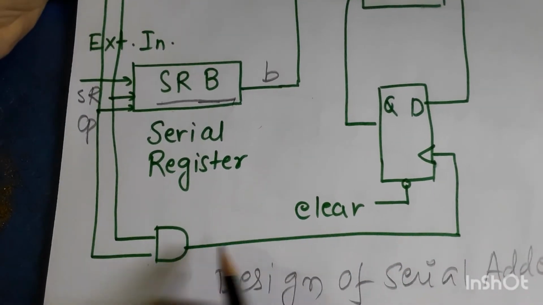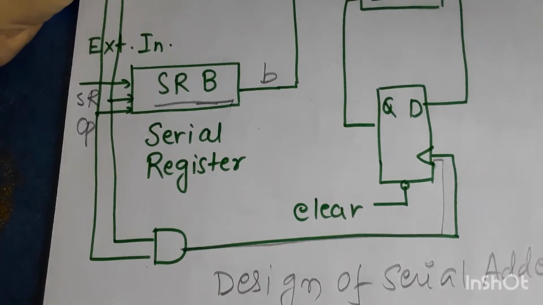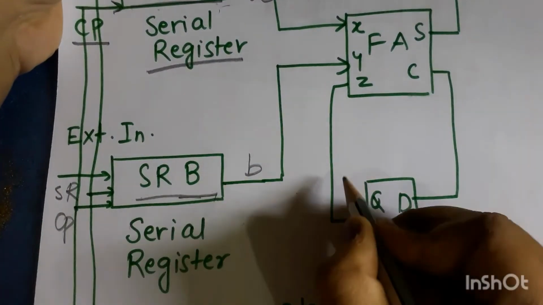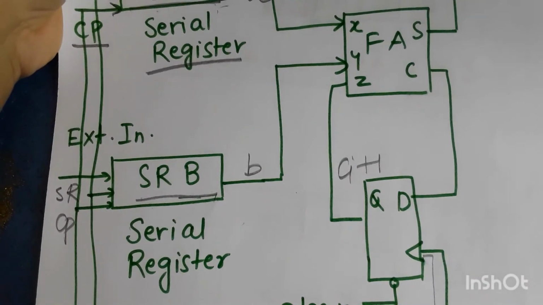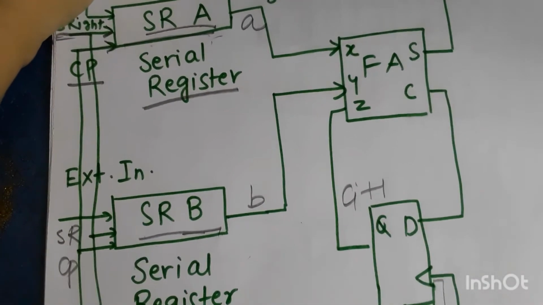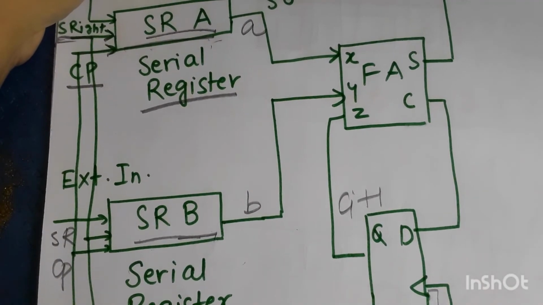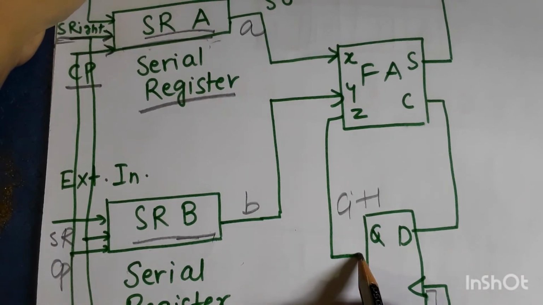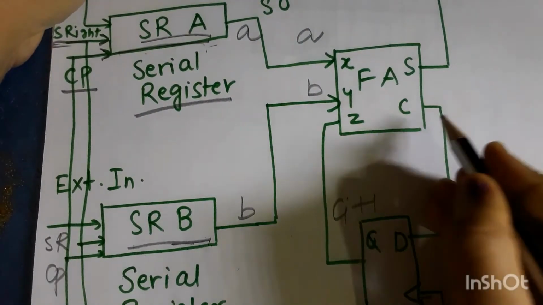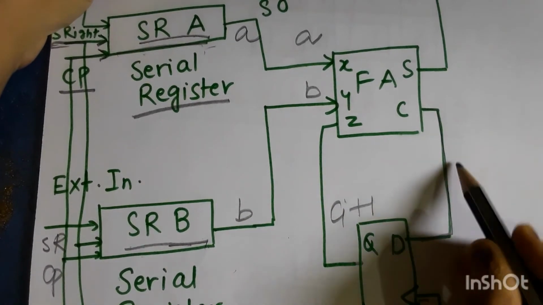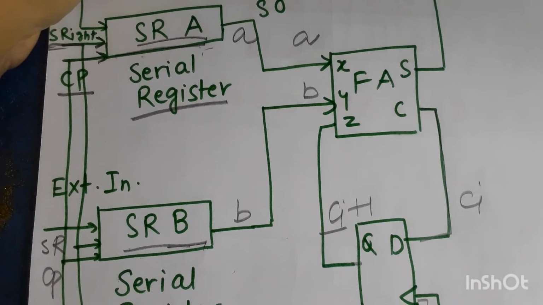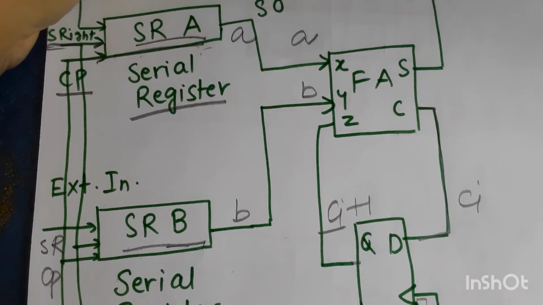After doing the AND, I am giving it to the clock input of the D flip-flop so that Ci plus 1 is evaluated. Here A is given, B is given, and the Ci goes here. Then Ci plus 1 comes out here at the next clock pulse.